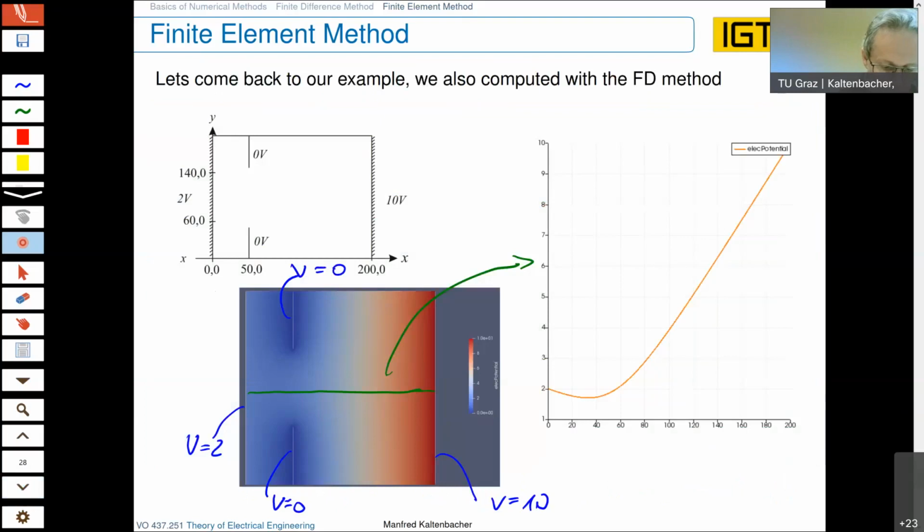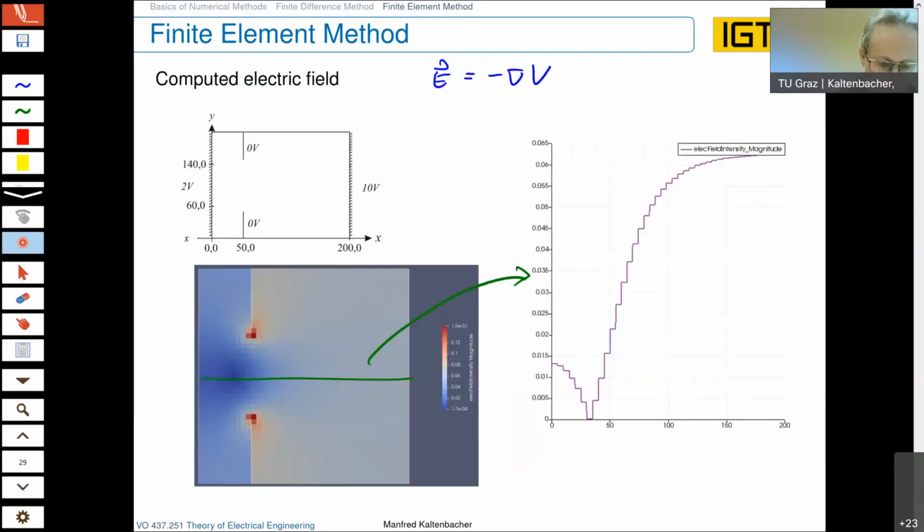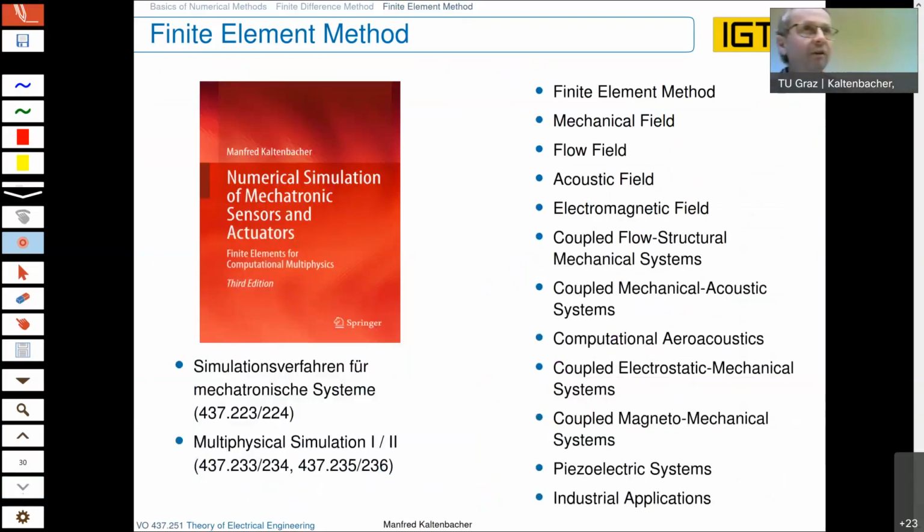If you are interested in any details, there is a book on the market at Springer, already in its 3rd edition. You can look there. Or even better, I invite you to the course by Thomas Bauernfeind. It's the starting course at ICTE for numerical simulation.